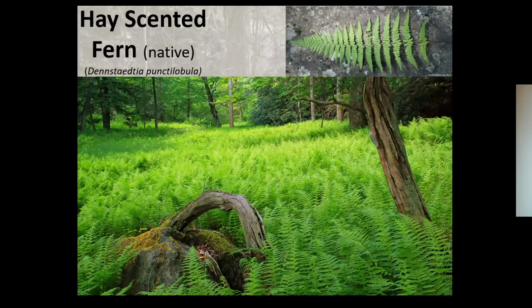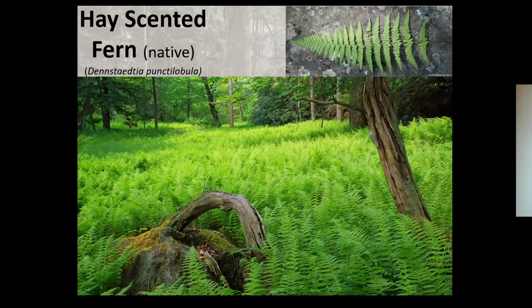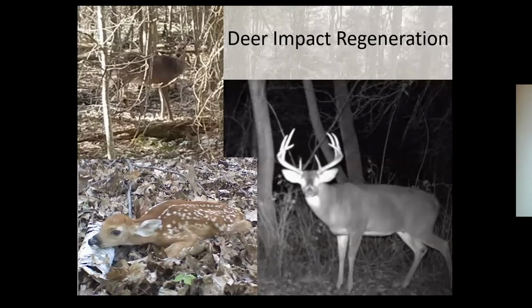One that is not invasive, but can really impact regeneration by growing in thick mats, is our hay-scented fern. We're going to quickly jump through these so we don't run out of time, but they're all impacting regeneration. And we want to think within our forest, especially if you have an older woods, you want to make sure that you have some regeneration, some new growth of trees within those areas.